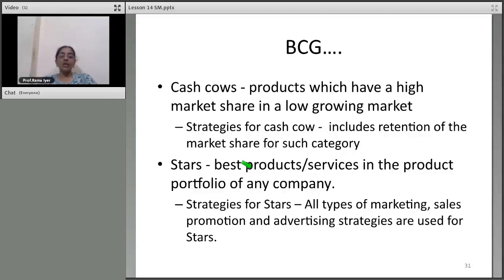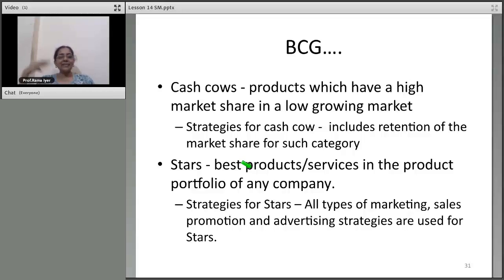Okay, 4 varieties. What's a cash cow? The products which have a high market share in a low growing market. Market is not growing very fast, but they already have a high market share in that particular market. So strategies for cash cow is to retain that market share. The highest returns you get, highest profitability you get.